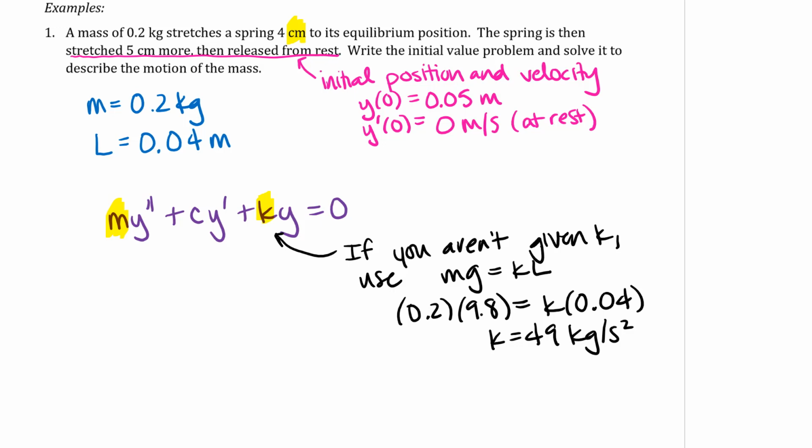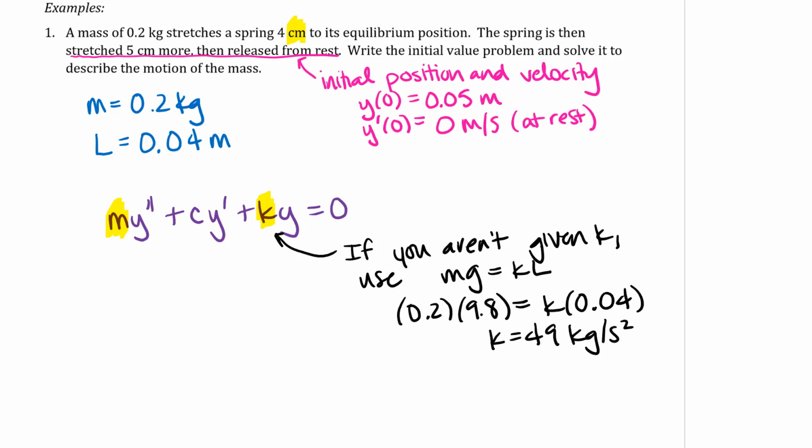And then the other issue here is damping or friction. I wish the problems in our homework and our textbook in MyMathLab would actually say, assume no damping or assume a frictionless system, but they don't. So I intentionally typed this problem to not say anything about that, so it would model what you're going to see in your homework.